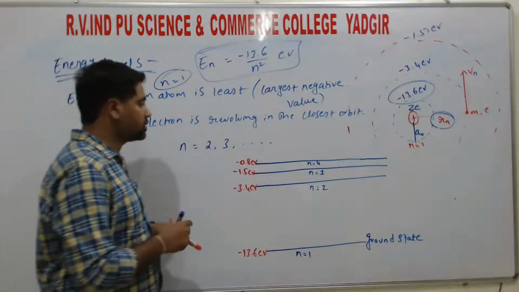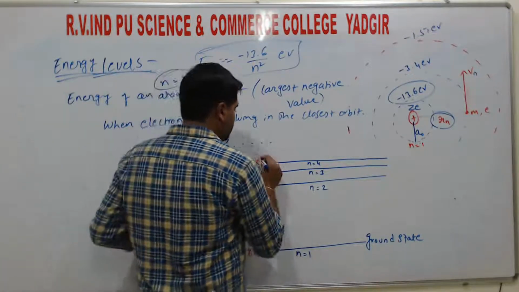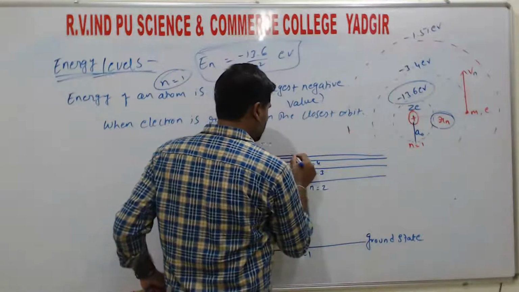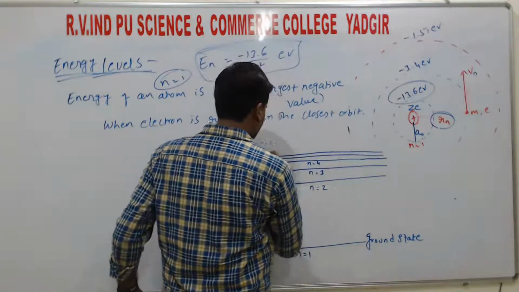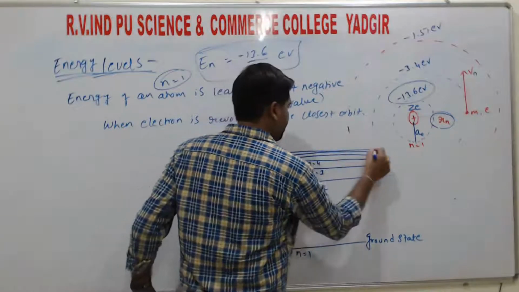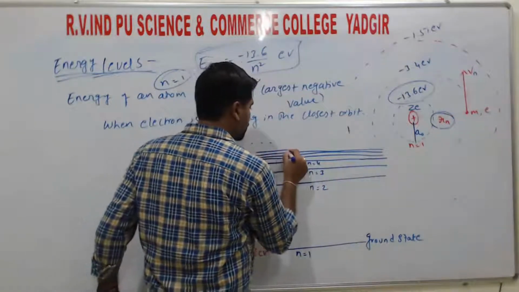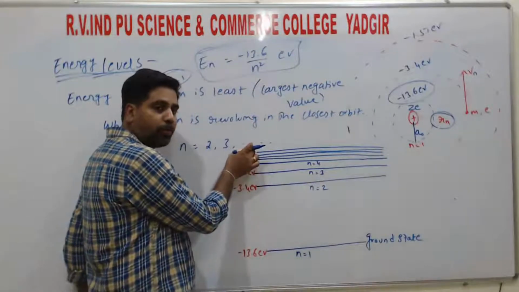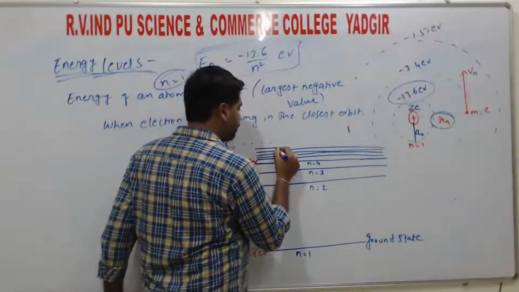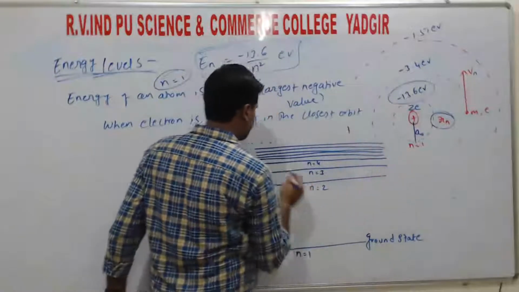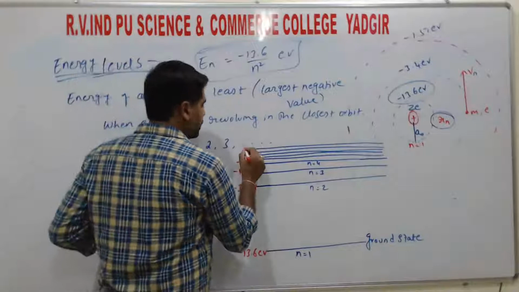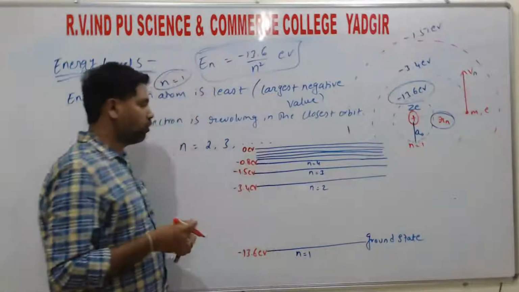For the next orbits, for the fifth, we get values almost close to one another, in between minus 0.8 and 0, that is 0 electron volt.